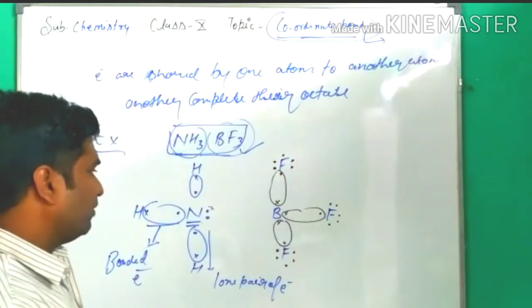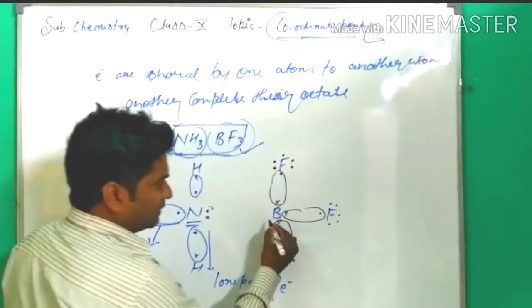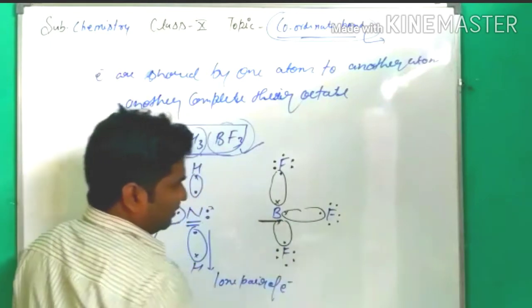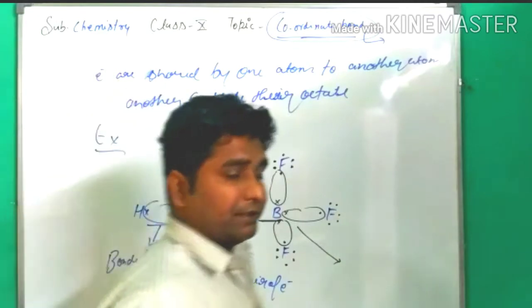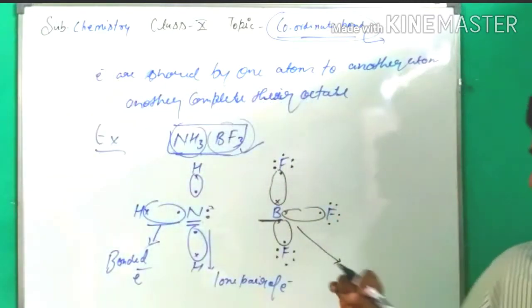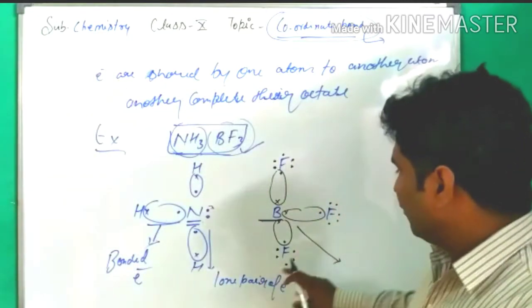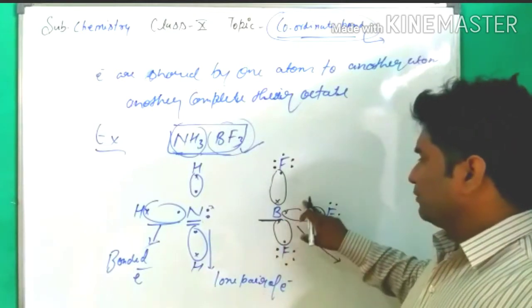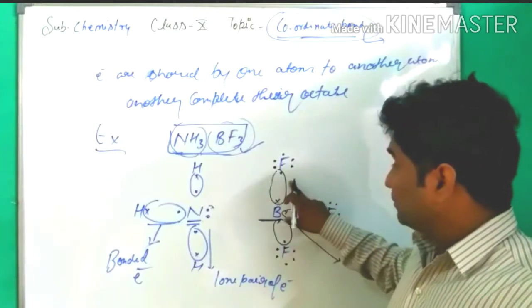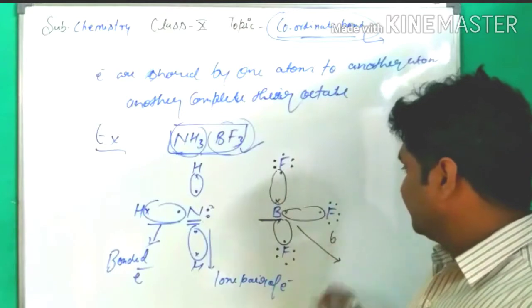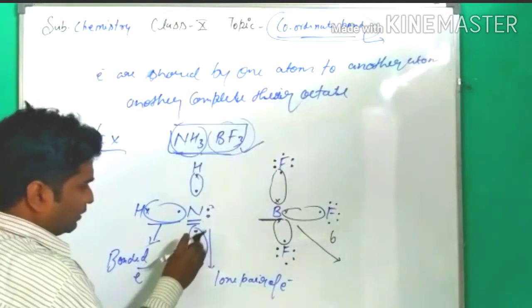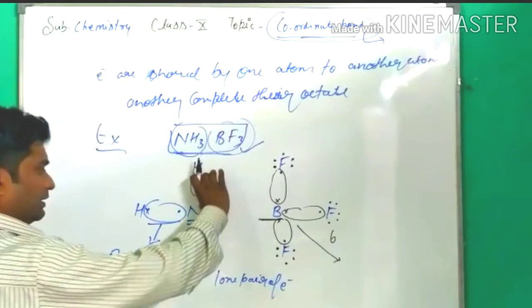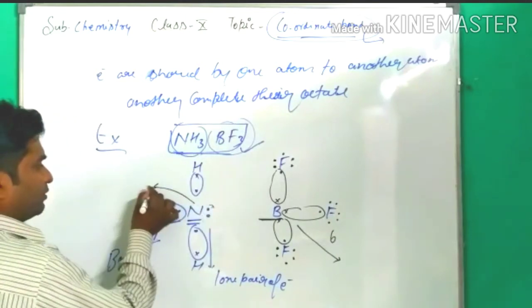Now in case of the central atom, how many electrons are present in the valence shell of boron? So count it: 2 plus 2, 4, 4 plus 2, 6. How many electrons here? 6. And in case of nitrogen, 2, 4, 6, 8. Total electrons 8.